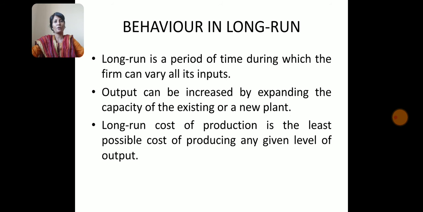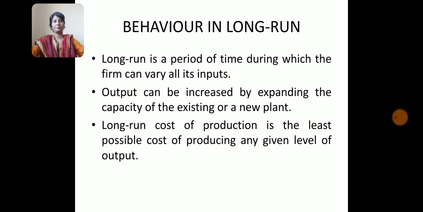Long run cost of the production is the least possible cost of producing any given level of output when all inputs are variable, including the size of the plant. Hence, there will be no fixed costs. All costs are variable.